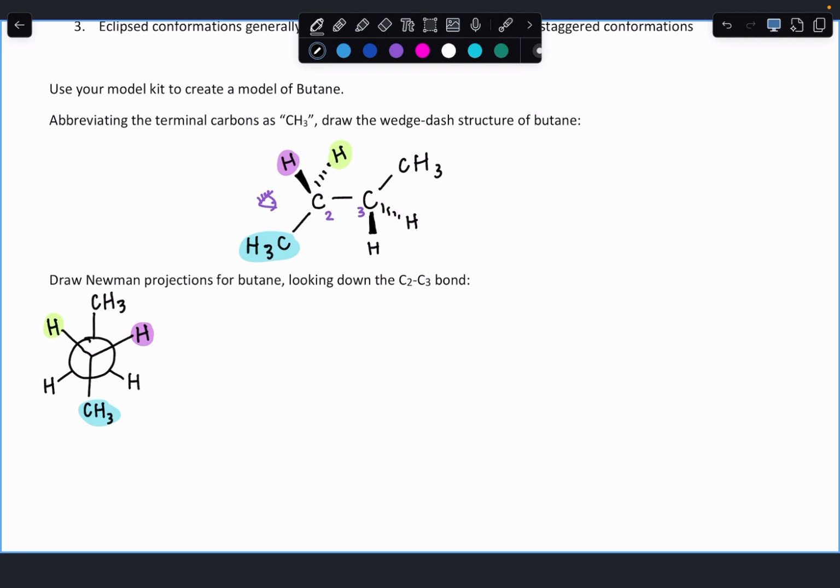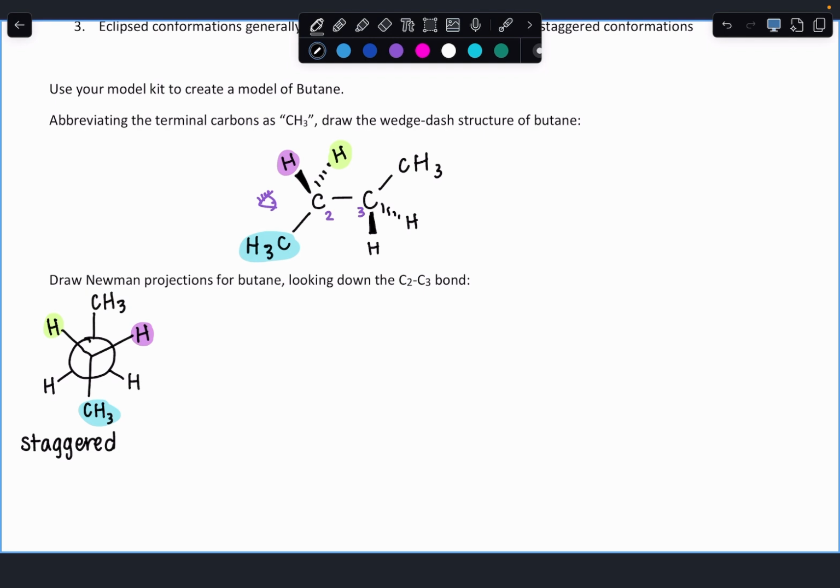As we draw, we will label these. So this is a staggered orientation, so let's write staggered. We'll also call this anti, because the two large groups, the two CH3 groups, are anti to each other.